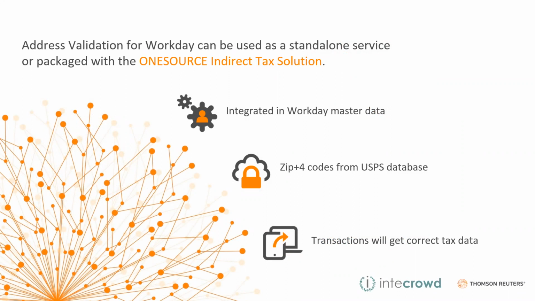So this means even upon entering your customer master or supplier master records, you will already know from there on if your address is wrong, and if it is wrong, our service can also propose the corrected addresses. And this service uses the C+4 information coming in from our USPS database.